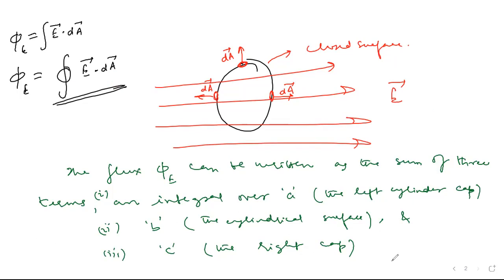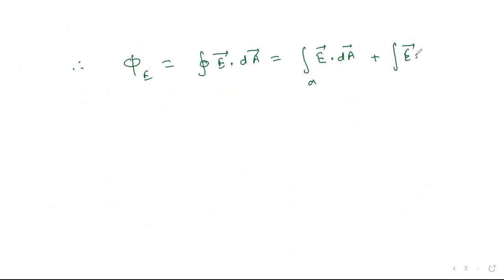Therefore, mathematically phi E, the flux through the surface, which is closed integral E dot dA, can be written as the integral of E dot dA over A, plus the integral of E dot dA over B, plus the integral of E dot dA over C.